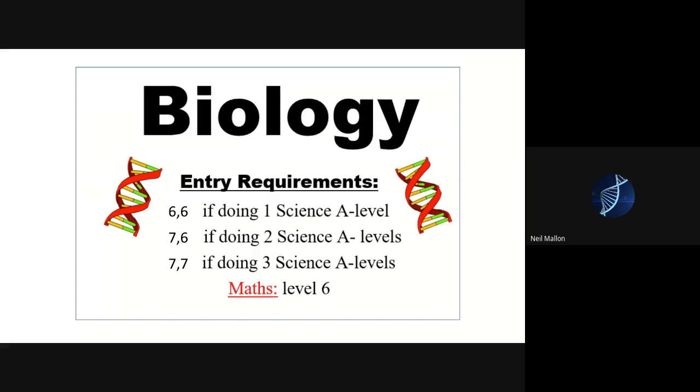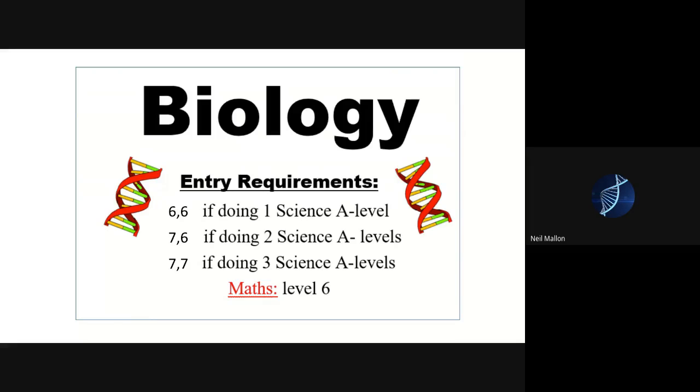First of all, the entry requirements that you need to have if you want to do one science A-level, you need at least 2 sixes in your GCSE science, and you need to have your GCSE maths at level 6 as well.